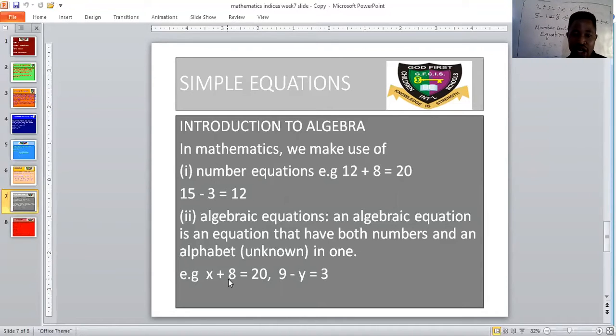So over here, you have x plus 8 equals 20. What is x? Now, let me interpret it for you to make it simpler. What must be added to 8 to give 20? What must I add to 8 to give 20? The same method applies.